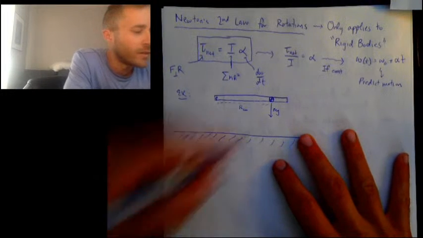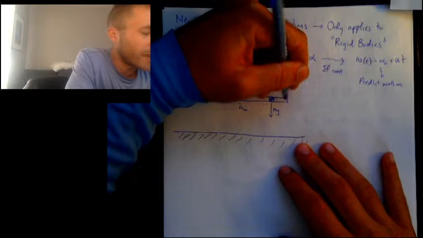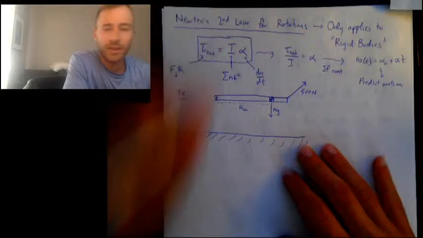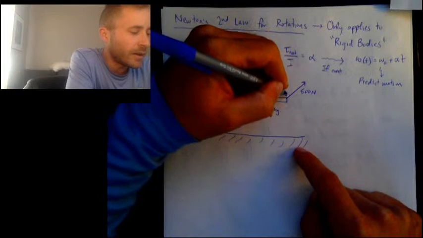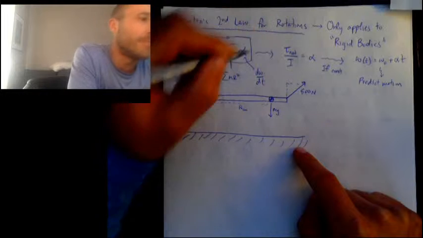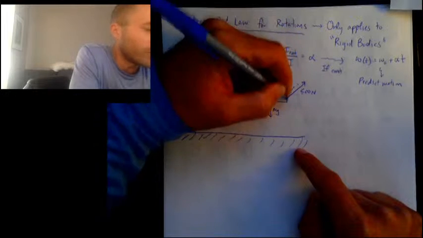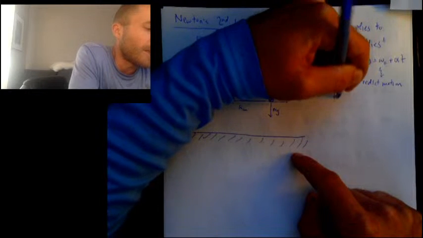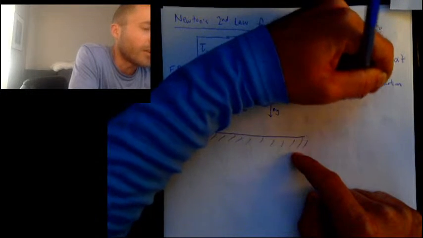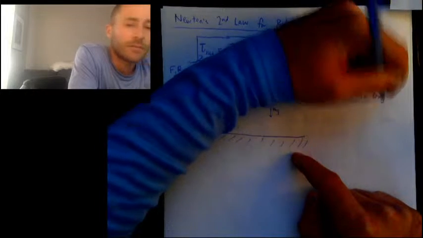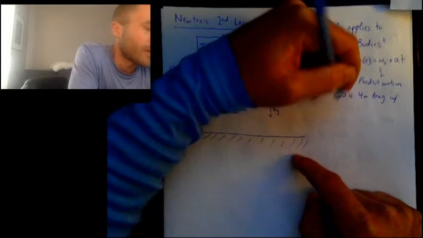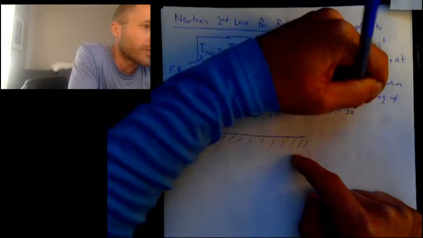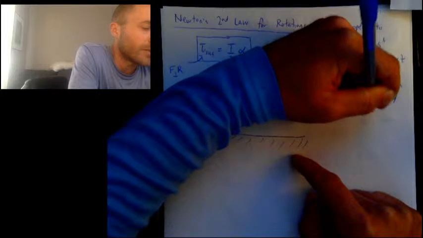All right. Then we also have a 500 Newton force that acts at the end of the rod, and it makes an angle of 30 degrees with the vertical. So the rod is 4 meters long with lambda of x equals 3x squared kilograms per meter.